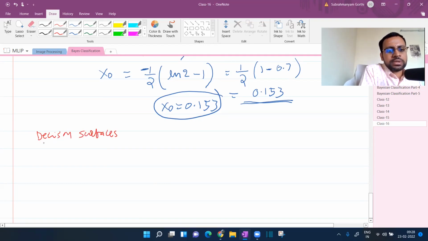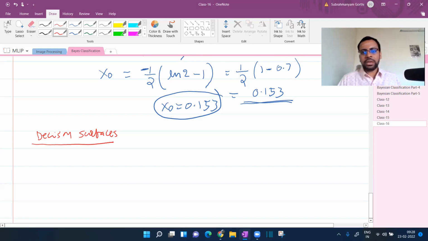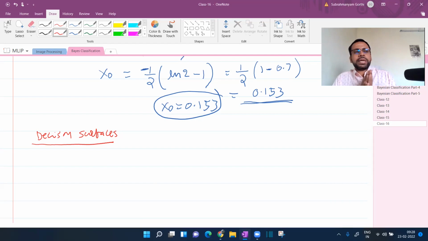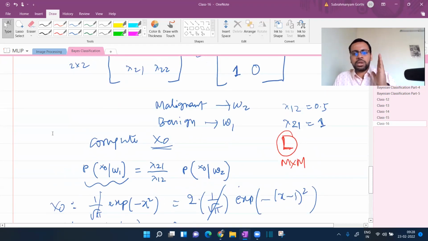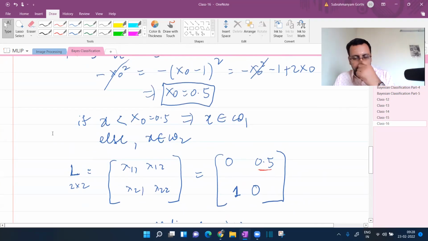The way we are calculating so far, you are essentially computing the decision surface. Even in this example that we have worked out so far, your feature vector being one-dimensional, here you got a line.